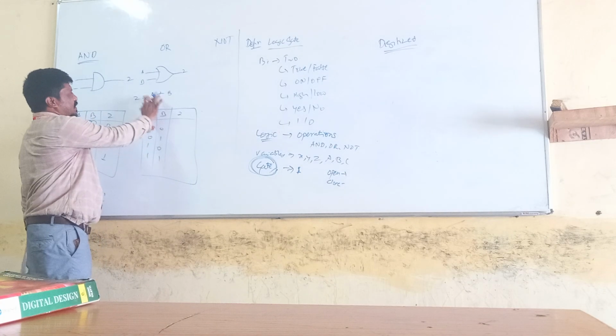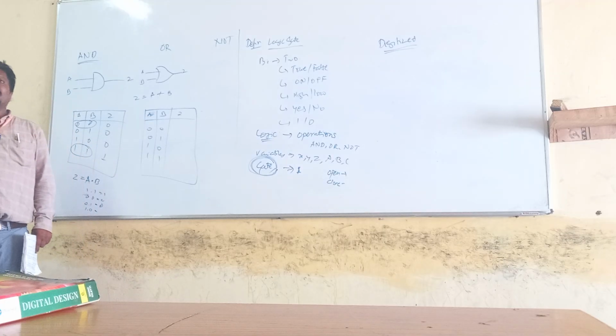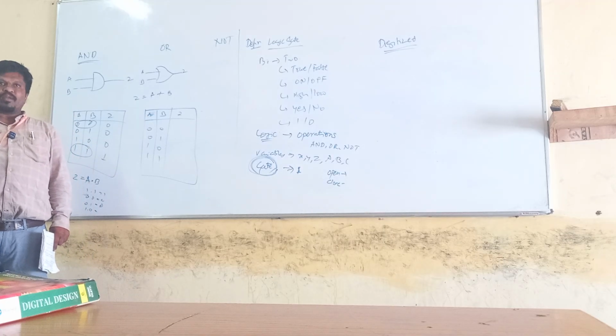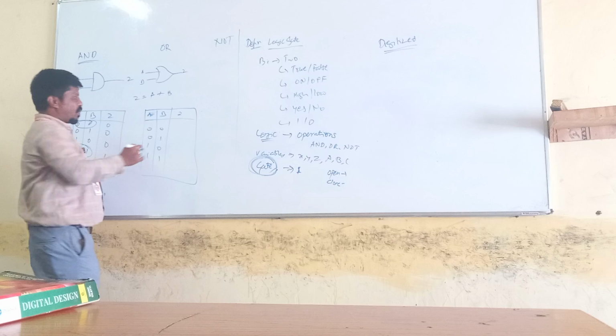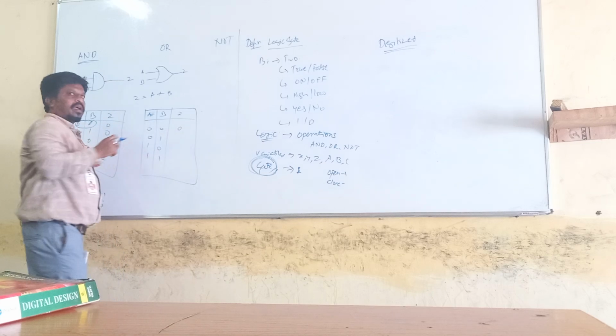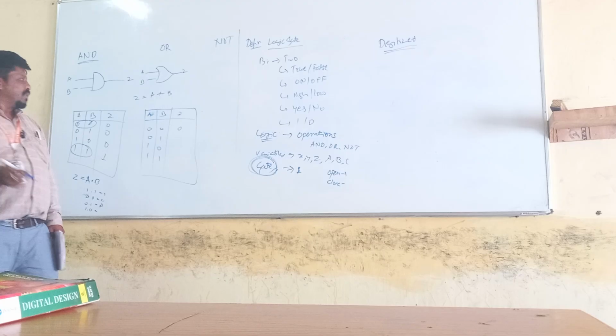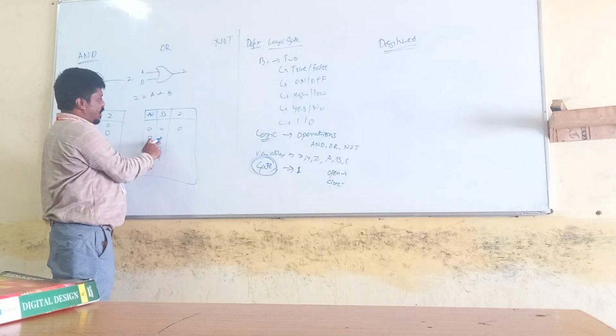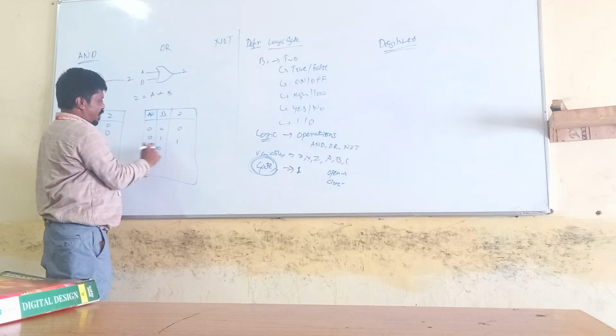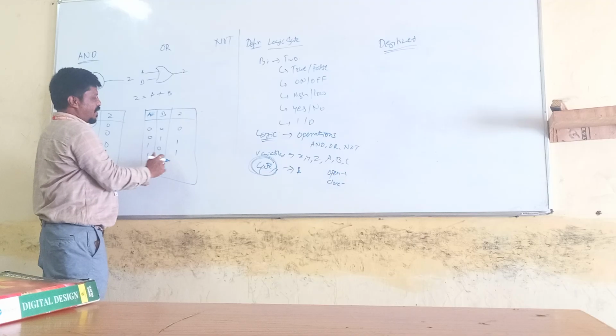Then the plus operation is there. If both variables are 0, then only the output is 0, otherwise it is 1. If any input is high, then the output is high. One input is high, then the output is high. Both inputs are high, then also high.